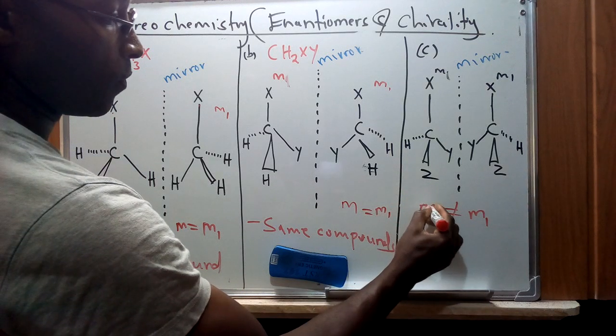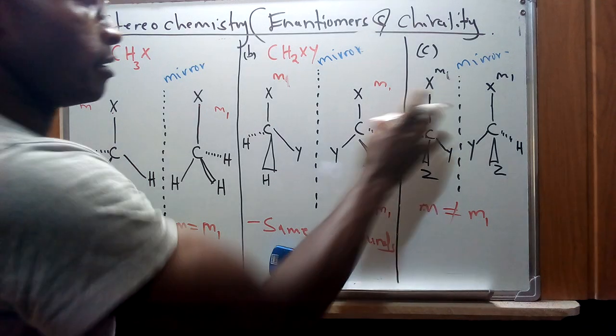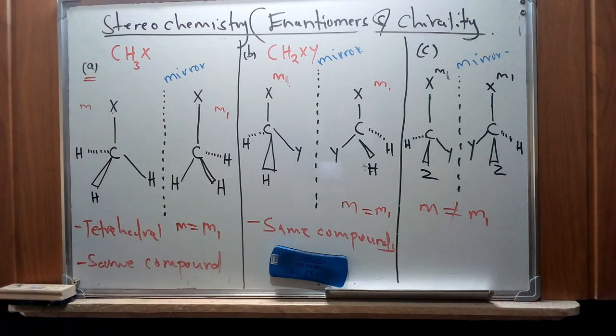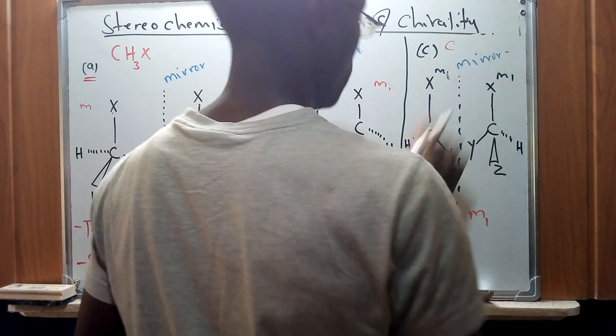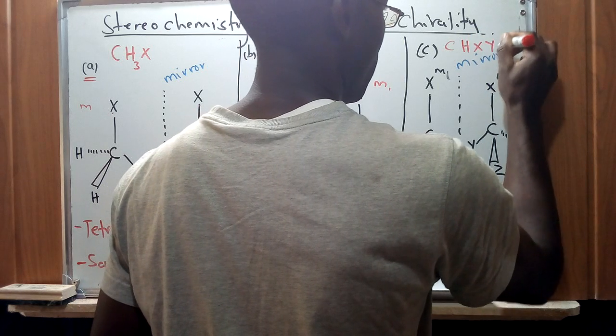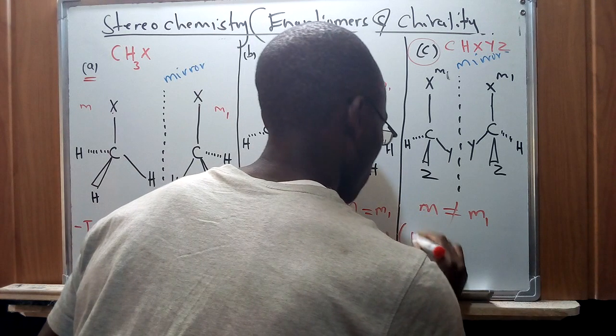So M1 is not a superimposition of this molecule, which is M. Therefore, we will conclude that the compound formed by this set, which is CHXYZ, is the general formula for that kind of molecule, and that this kind of molecule is not superimposable on its mirror image. Hence, the two are not identical.